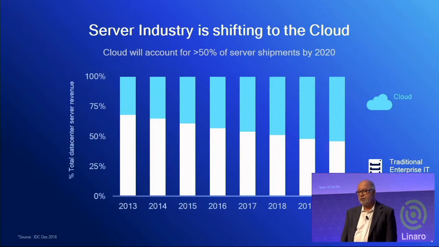But a lot of the enterprises are also moving towards a private cloud where inside of a large corporation, instead of each department having their own set of servers, like finance has their own, engineering has their own, a lot of companies are pooling those resources into an internal service that they then parcel out compute and storage capacity to the internal business units. So you can see by 2020, more than 50% of the server shipments will be to the cloud providers.